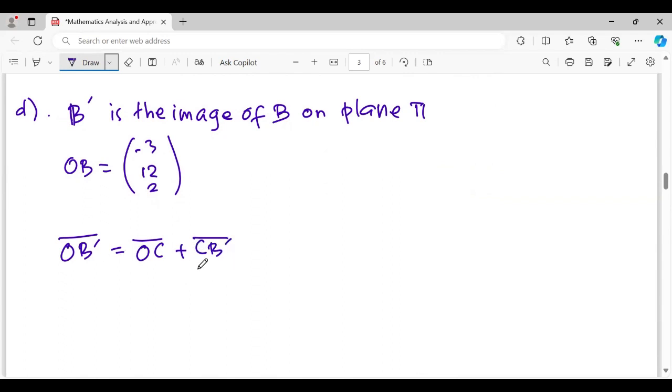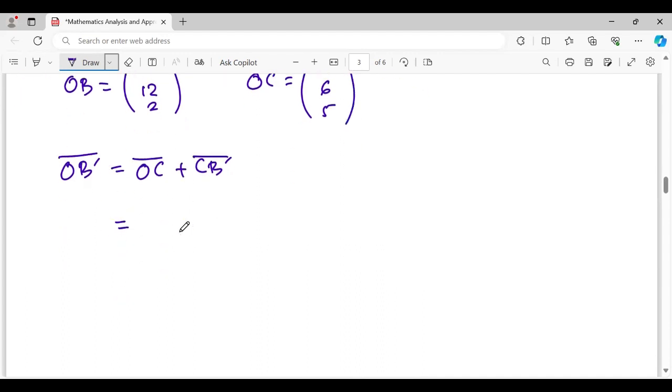As you know, OC equals (-3, 6, 5), from the previous question. So it's (-3, 6, 5) plus CB apostrophe.